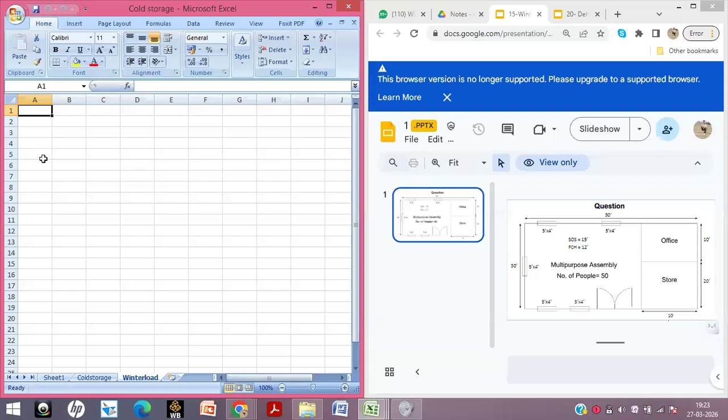So let's calculate area. Area calculation. How can we calculate area? We need to see this.